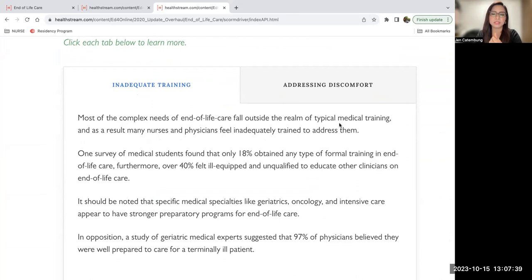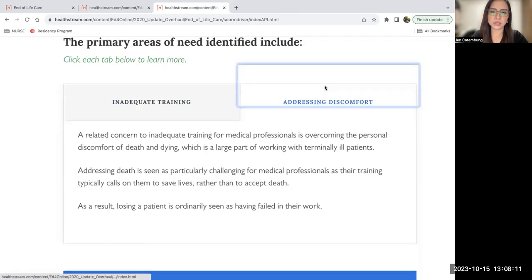Furthermore, over 40% felt ill equipped and unqualified to educate other clinicians on end of life care. It should be noted that specific medical specialties like geriatrics, oncology, and intensive care appear to have stronger preparatory programs for end of life care. In opposition, a study of geriatric medical experts suggested that 97% of physicians believed they were well prepared to care for a terminally ill patient.